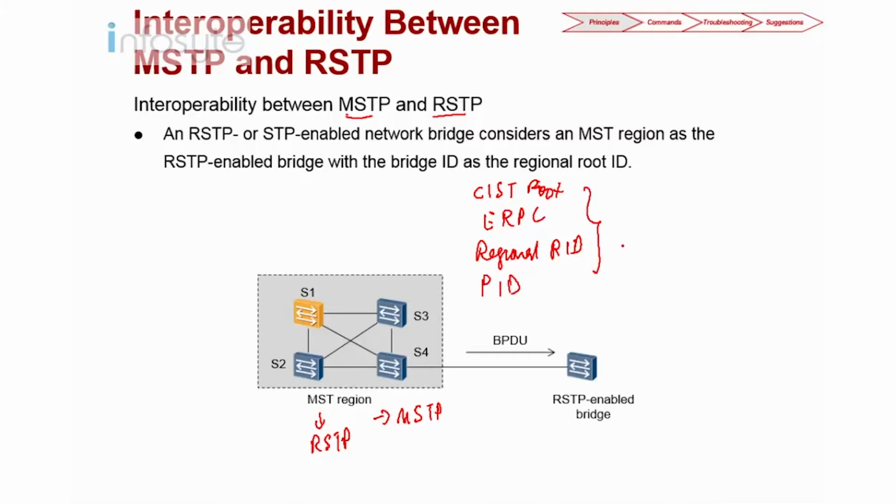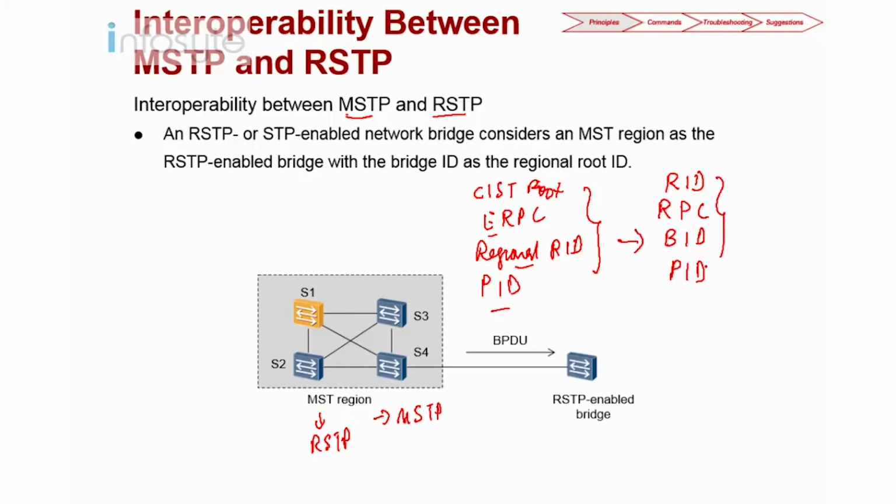Now when this information is sent by the MSTP-capable switch to an RSTP switch, the interpretation will be that when the RSTP receives this, the CIST root will become the root ID. The external root path cost will become simply the root path cost. Then the regional root ID will be our bridge ID, and finally the port ID will remain the port ID.